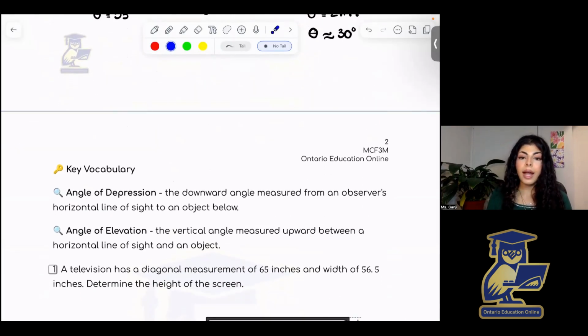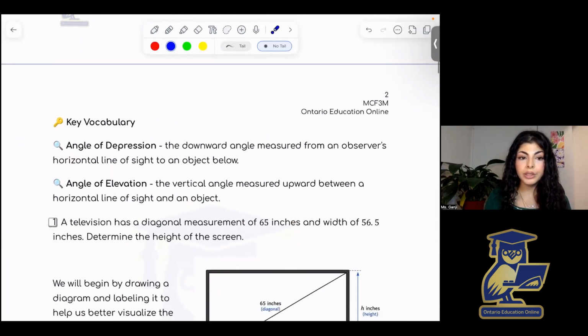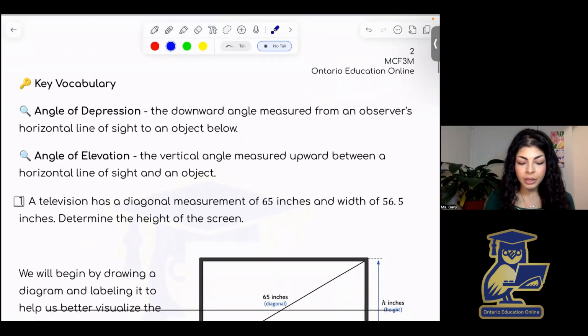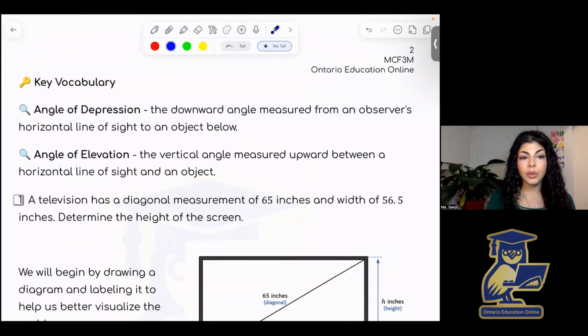Now, for application problems when it comes to trigonometric ratios, there are two common terminologies that you should be familiar with, and they are angle of depression and angle of elevation. So angle of depression, think of depression as going down, and this is the downward angle measured from an observer's horizontal line of sight to an object below.